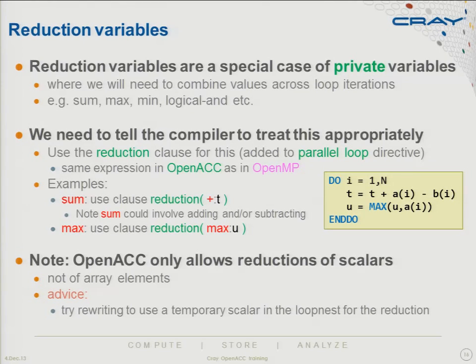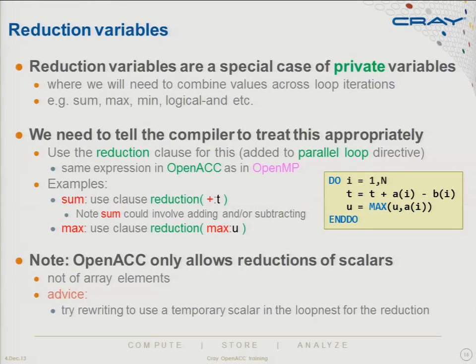So I need to say ACC parallel loop, but I also need to say reduction, and it's a sum, and the variable it's being reduced into is T. I would put this extra clause onto my parallel loop directive. And I would also put a reduction clause for U. U is taking a maximum, so I tell it it's a maximum, and it's on U. I have to tell it what the operation is because that's to do with initial and final values and how they're combined. So you need to tell it what sort of operation it is.